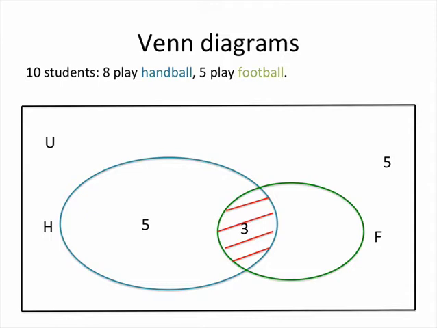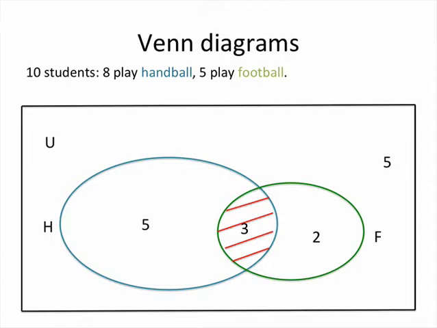Similarly, 5 were playing football, and 3 of them play handball as well. That must mean only 2 play football by itself. And there we have it. There's all the information. And if we add all the numbers up, 5 plus 3 plus 2 plus 5, we get 15. Everybody in the study is represented on this Venn diagram.